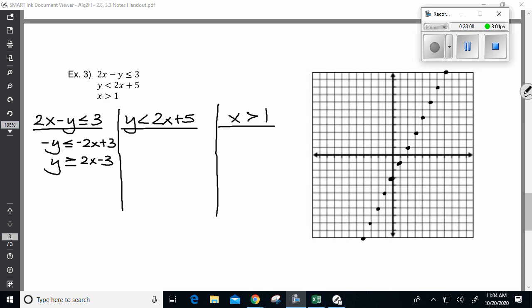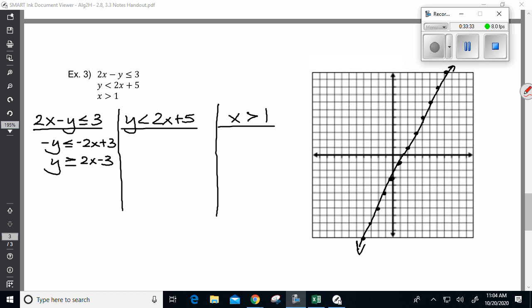Greater than or equal to means I have a solid line. So greater than or equal to means I want something that's greater than or equal to.